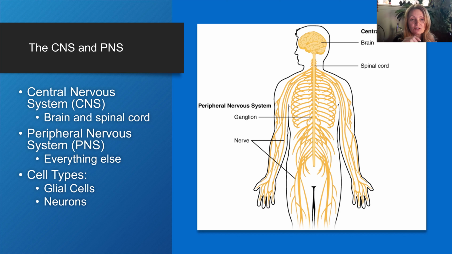So neurons generate and send those electrical impulses. Then we have supporting cells that nourish and support your neurons, provide protection, and make a framework for the nervous system. Those are glial cells or neuroglia.